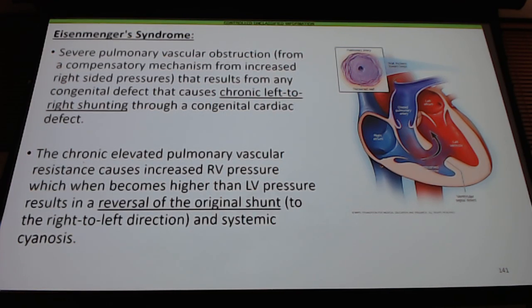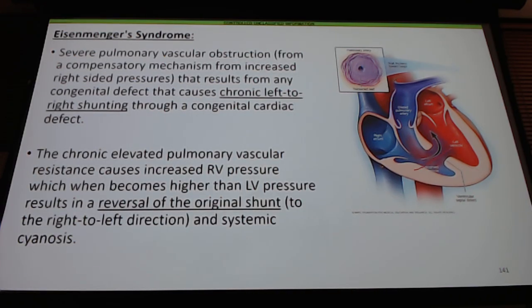So this was that compensatory change that occurs over a long-standing history of this shunt, where the right side is having to see higher pressures, higher volume than normal. The body is going to compensate for that. And one of those things is you're going to get pulmonary hypertension. And that pulmonary hypertension may then cause that pressure on the right ventricle to exceed that on the left. And now you're getting a reversal of that shunt.